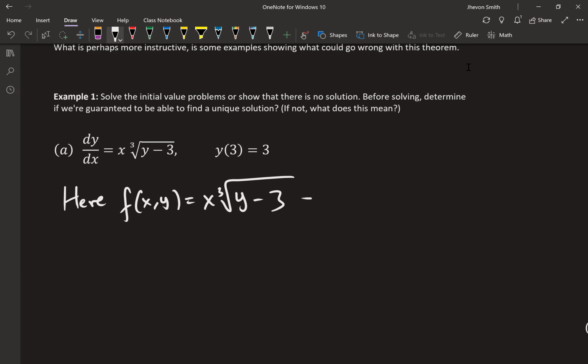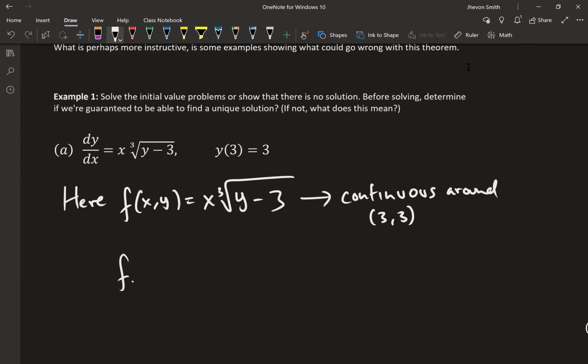Well, this is continuous around 3, 3. Sure, I can plug in y equals 3 and x equals 3, and there's nothing wrong with this function on an open rectangle in the 2D plane that will actually contain that point. So no problem.